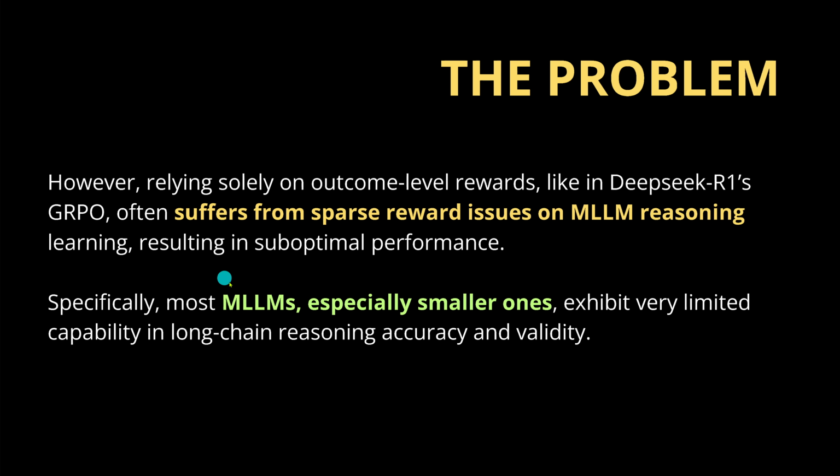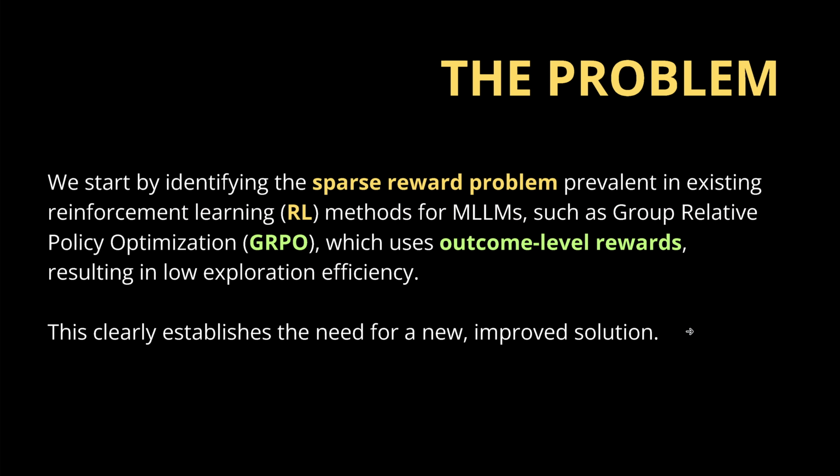Especially if we go with smaller ones, the 7B, the 14 billion models, we have very limited reasoning capability, especially for the long chain reasoning accuracy and validity. So another point: not only the sparse reward problem, but we have an outcome-level reward problem. Because we just take the outcome and we do not have a process reward model.